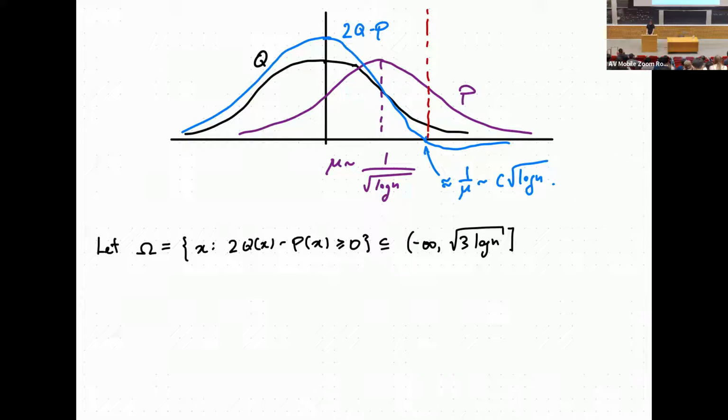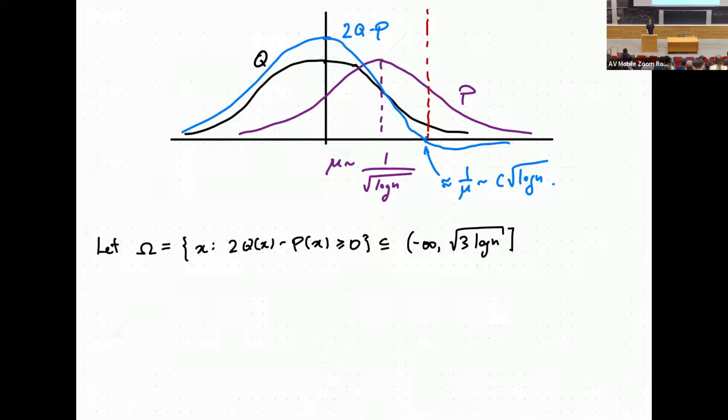It turns out that when mu is pretty small, like 1 over root log n or 1 over 10 root log n or whatever, then this point at which 2Q minus P becomes negative is roughly 1 over mu, and so it's going to be a constant times root log n.